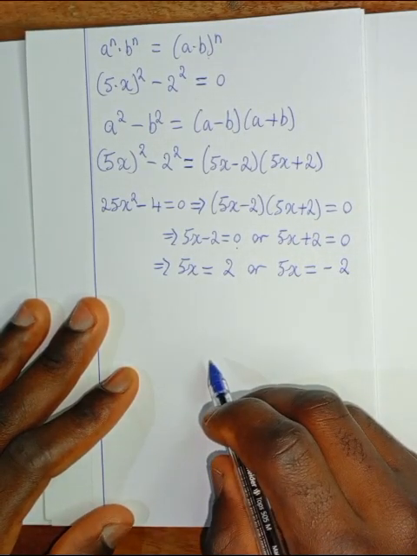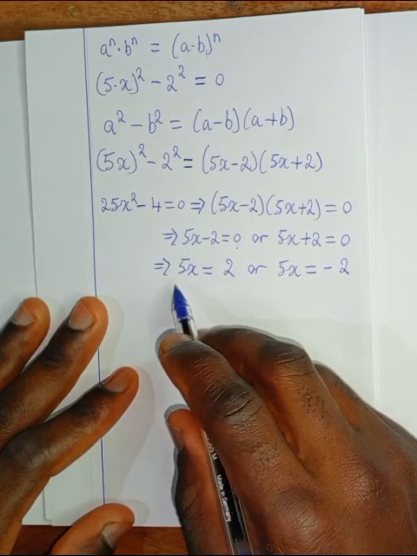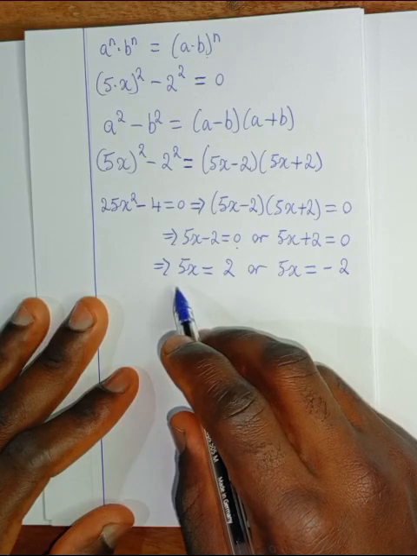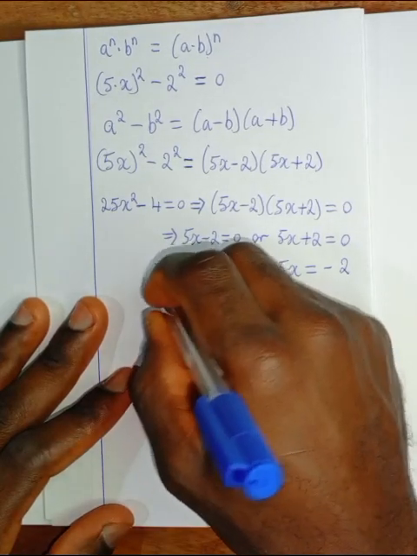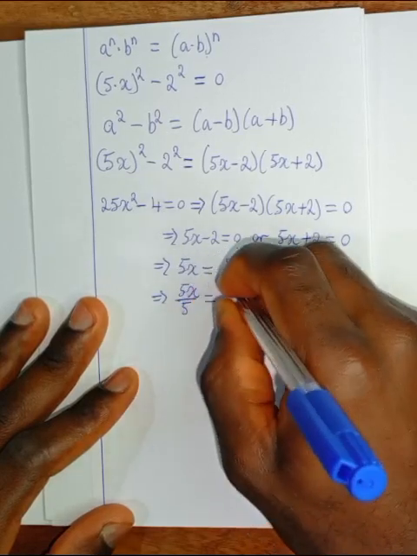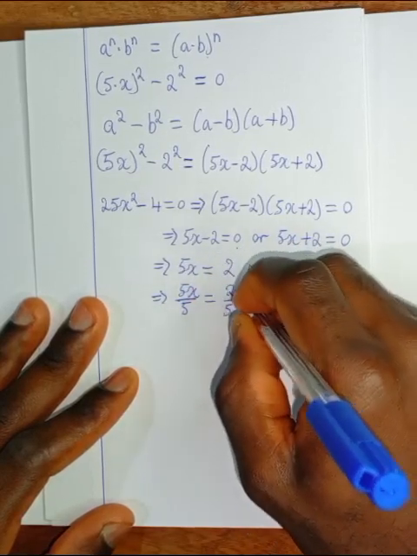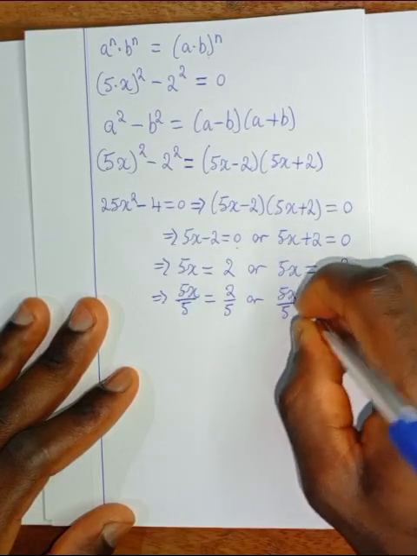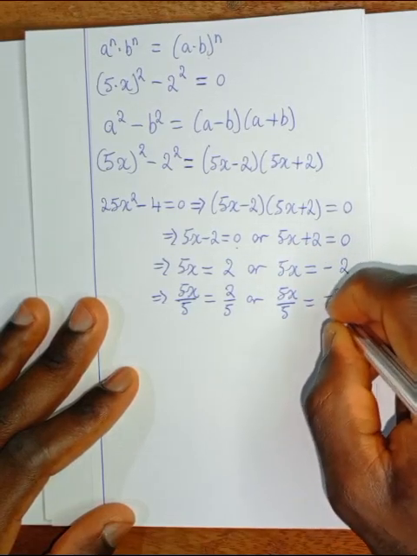Next thing, for us to get the value of x, we are going to divide both sides in the two equations by 5, which is the coefficient of x. Then 5x divided by 5 will be equal to 2 divided by 5, or 5x divided by 5 will be equal to negative 2 divided by 5.